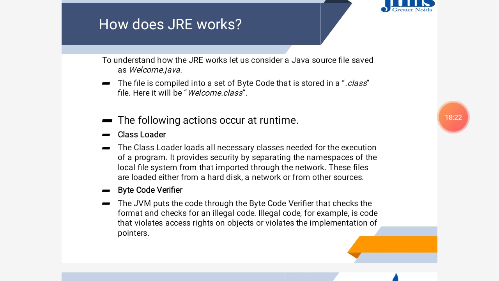Illegal code is code that violates access rights on objects or violates the implementation of pointers. Pointers are not allowed in Java, and Java execution is bound in its sandbox area. It cannot cross the boundary of the JDK. So the bytecode verifier takes care of all these things.